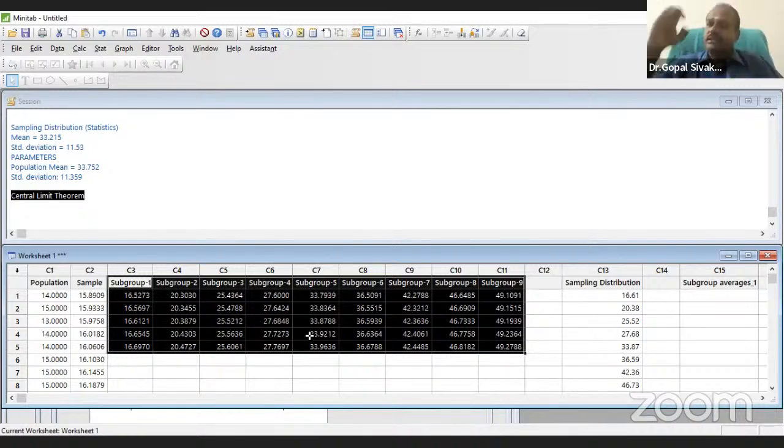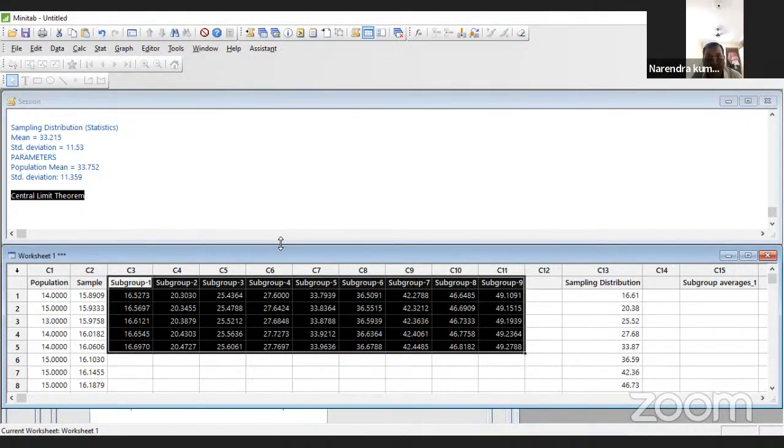Out of the 1,000, 600 should come from the main areas of Chennai, because 60% of the people live in the center portion. Another 30% in the middle, and only 10% of the people live in the outskirts. So how the population is distributed, the same way I am trying to distribute my sample also. For that I use the technique of subgrouping.